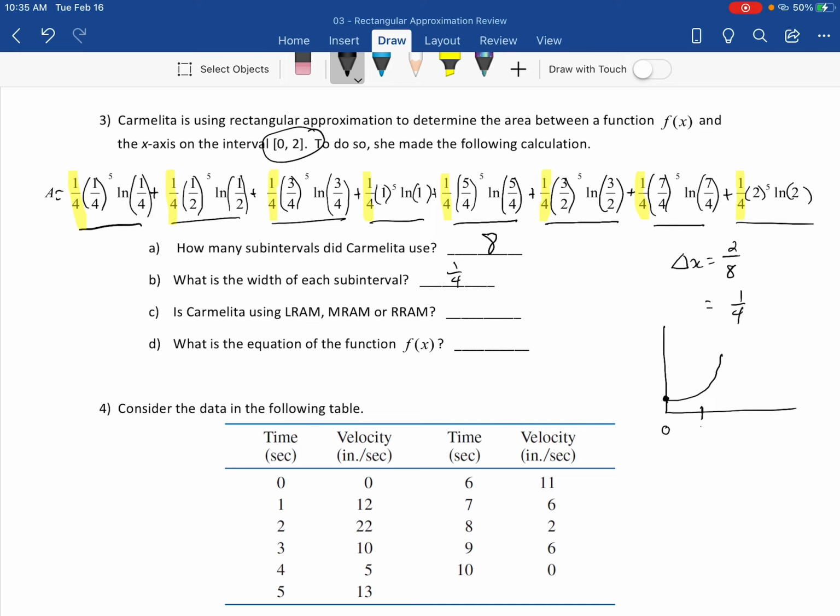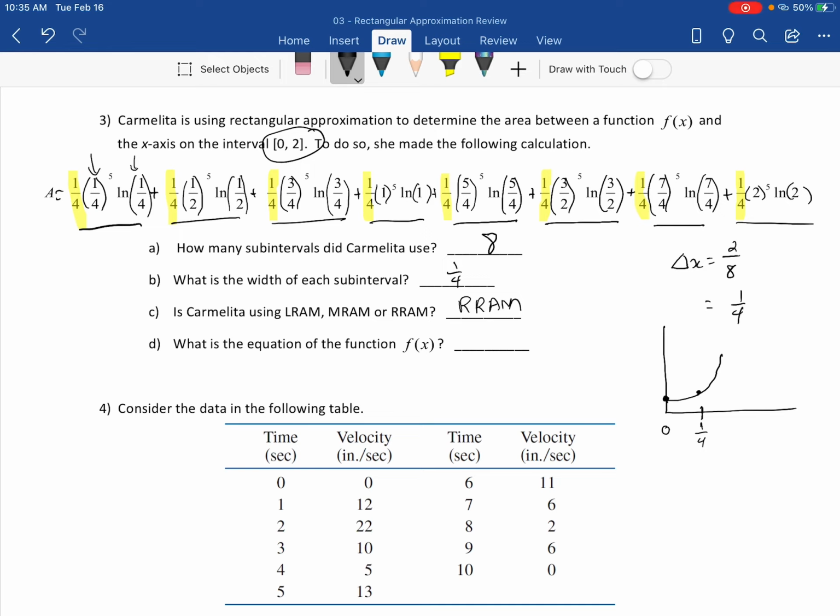If you were using RRAM, you'd use the right-hand side to evaluate, which would be 1/4. And that's what she did in the very first one. There's a 1/4 there that she plugged in for calculating her y value. So she must have used RRAM, because if she had used LRAM, she would have started with a 0, not a 1/4. If she used MRAM, she would have used halfway in between.